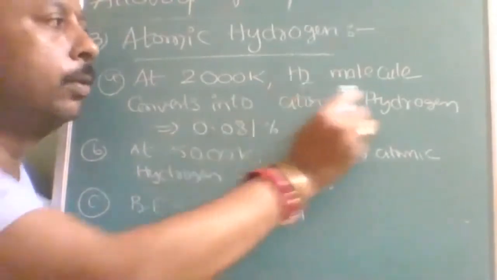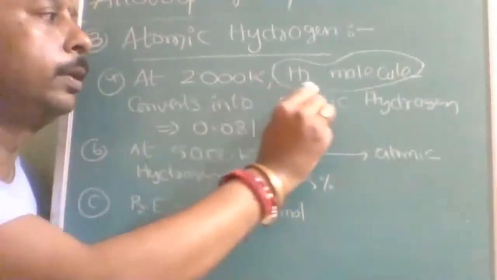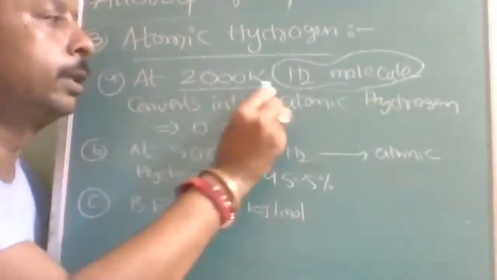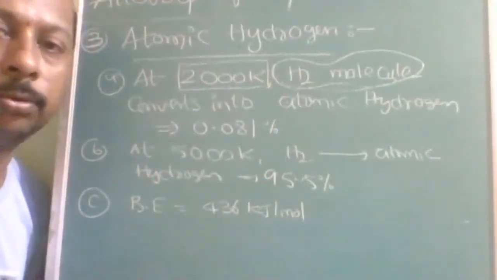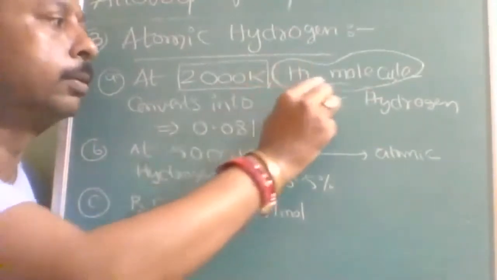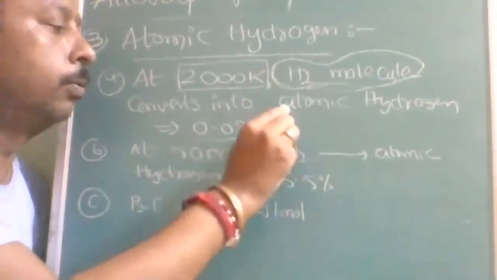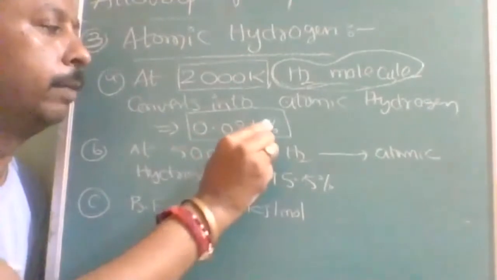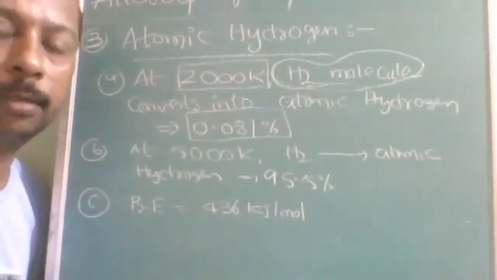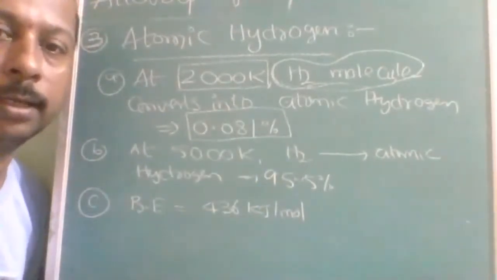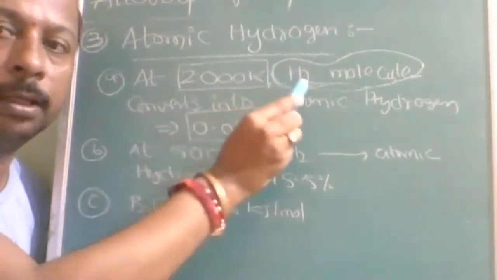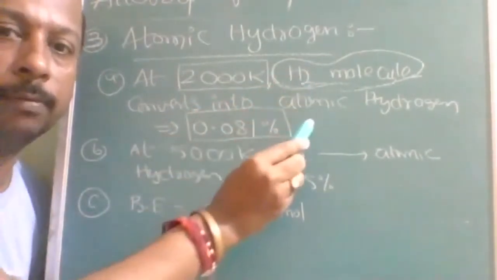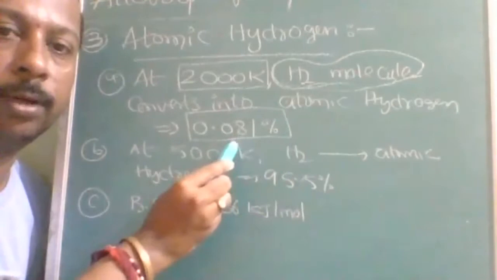And when that hydrogen molecule is heated to about 2000 Kelvin, even at nearly 2000 Kelvin, you will find only 0.081% of hydrogen breaking into two atoms, that is atomic hydrogen.